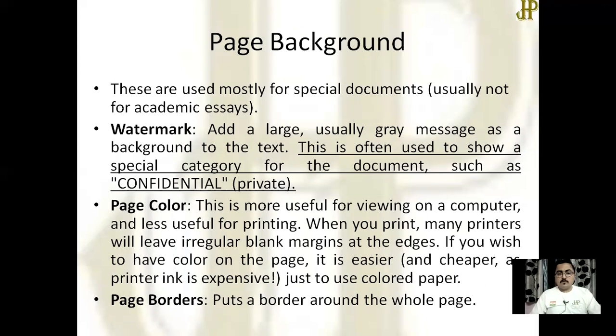In page background, the first one is watermark. Add a large, usually gray message as a background to the text. This is often used to show a special category for the document, such as confidential. So how?